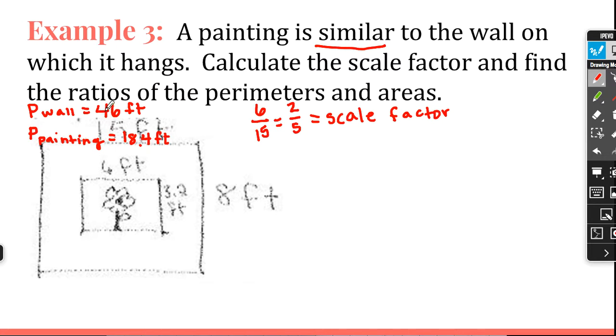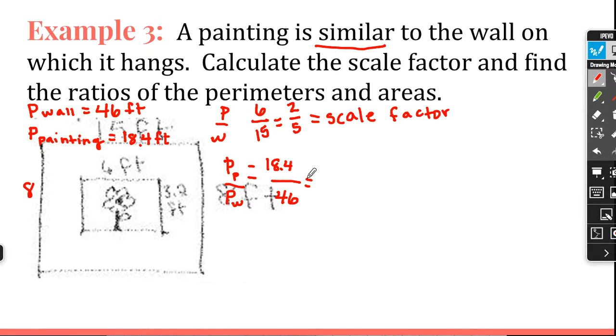So if I want to find the ratio here, I need to keep with my same thing. So this is painting to wall. So to find my ratio of my perimeters, the perimeter of the painting was 18.4, and the perimeter of the wall was 46.